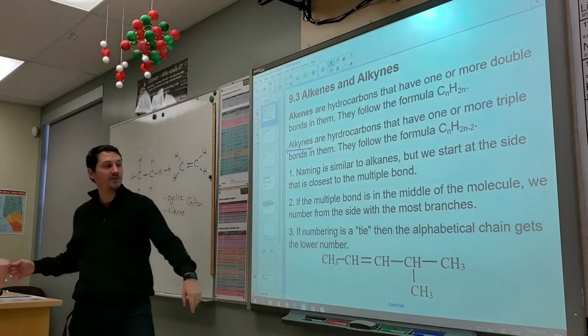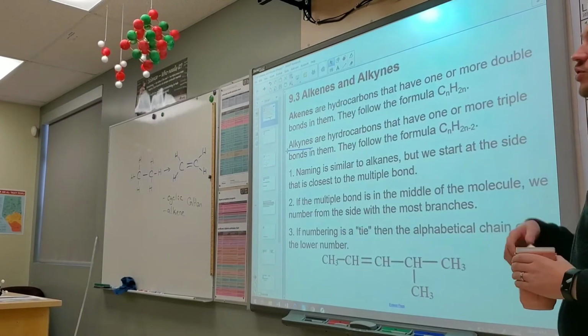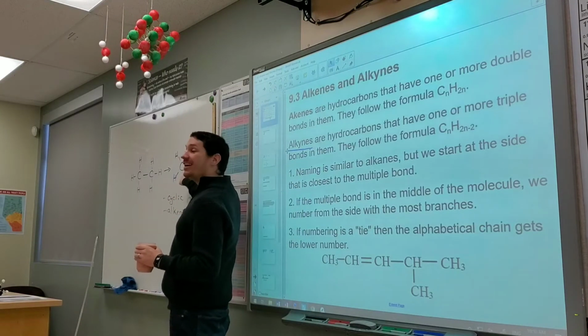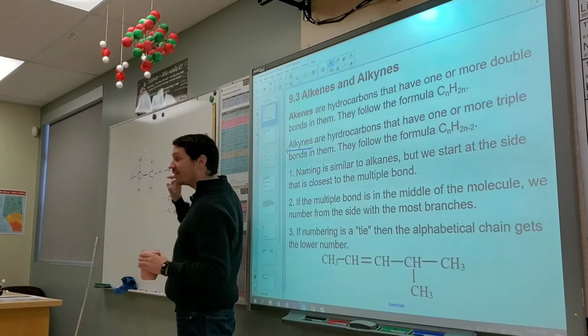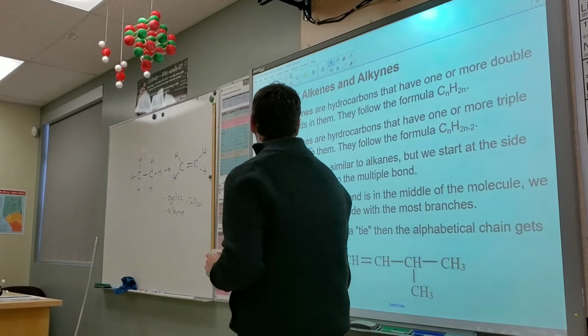So that's why it follows the rule CnH2n minus 2. So basically, the rule of thumb is that for every extra carbon-carbon bond you have, you've lost 2 hydrogens.